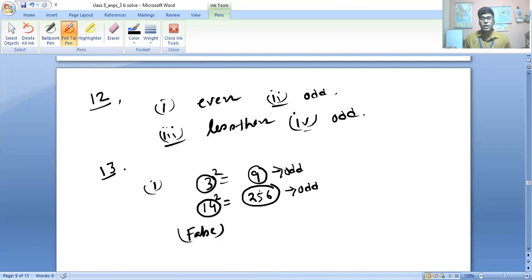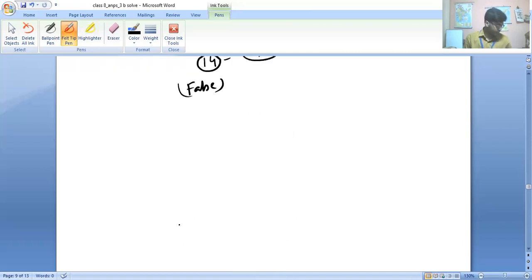Remember, for your own understanding, it's always good to give an example. Now let us do question number 2. The square of a prime number is prime. That also we cannot say. For example, see 3. 3 is a prime.